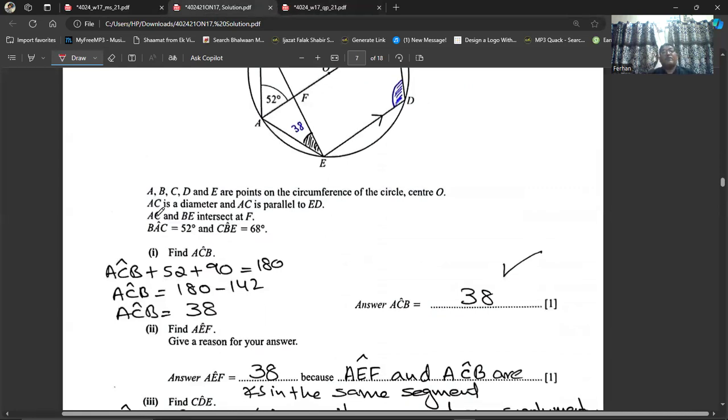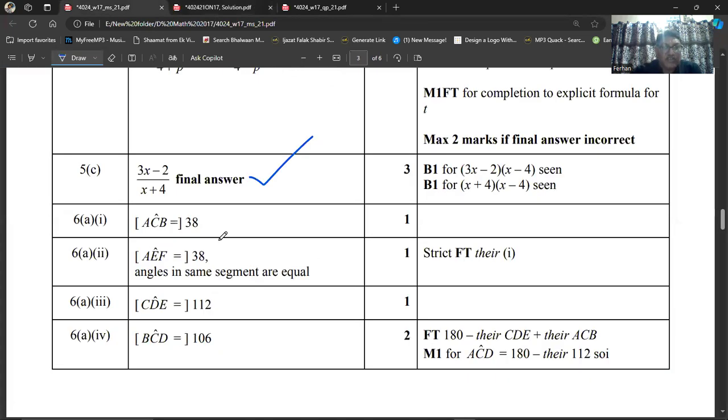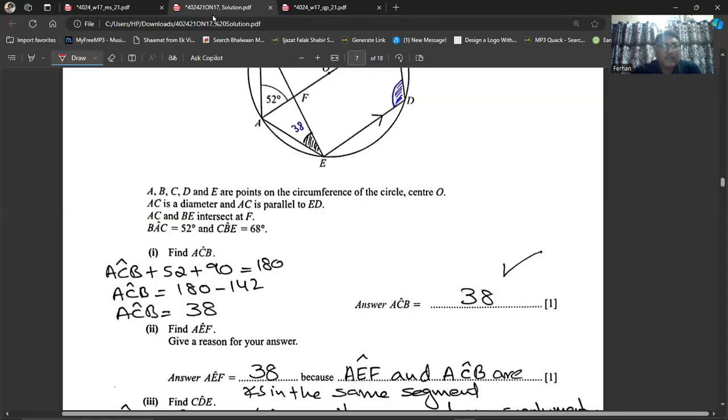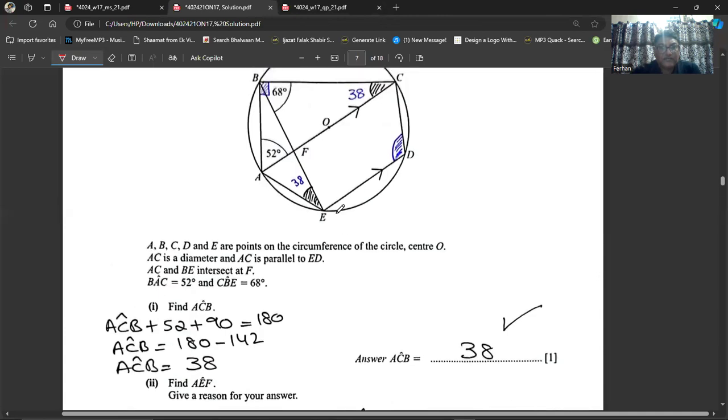ACB plus 52 plus 90 is equal to 180. So ACB is equal to 180 minus 142, and the ACB angle will be 38. So this angle is 38.